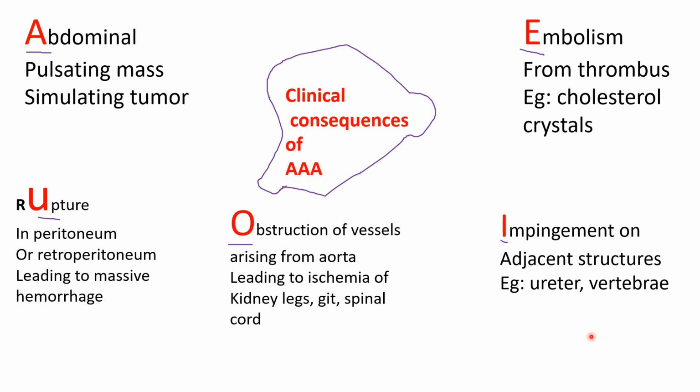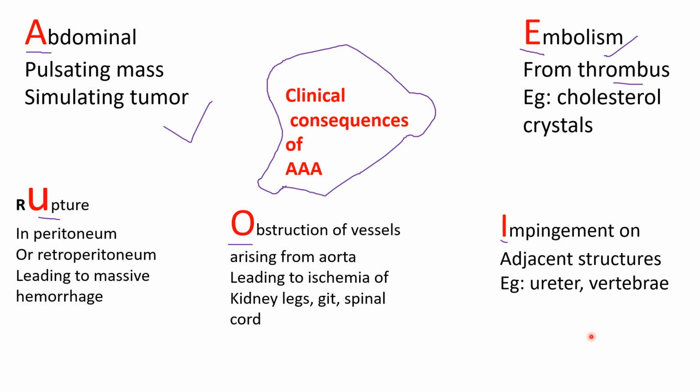This aortic aneurysm, which is a pulsating mass, can simulate a tumor. So that is one of the clinical consequences. The second is from the thrombus, that is usually due to atherosclerosis. The thrombus that forms can embolize elsewhere. So there can be embolism.